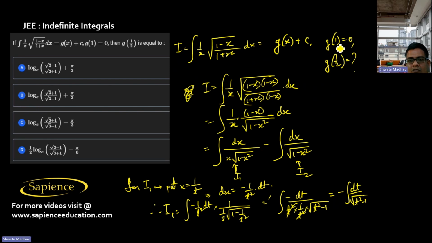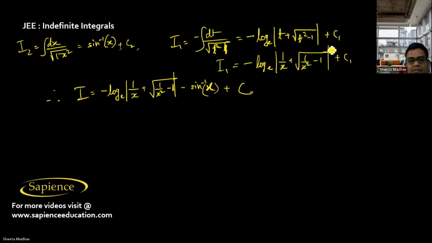Now g of 1 will be equal to 0. So this is equal to g of x plus c. Now therefore, let's call it c dash.